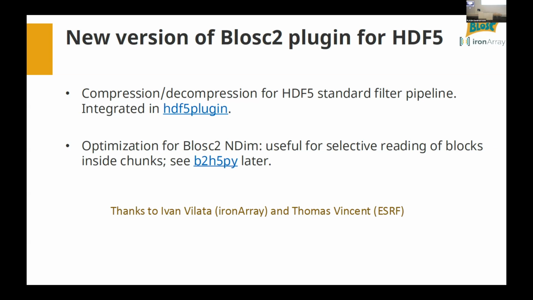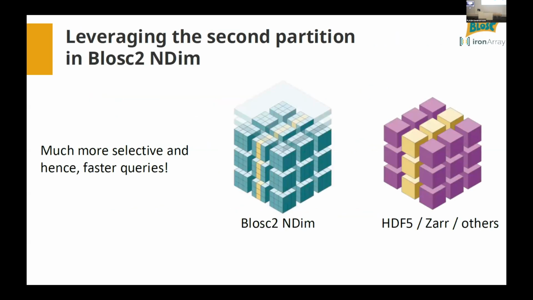It's just a compression plugin for the HDF5 standard pipeline. And in addition, we did some optimization for Blosc2, which is useful for selective reading of large data. We will see that later. So thanks to Ivan Vilata and Thomas Vincent for their help implementing that.